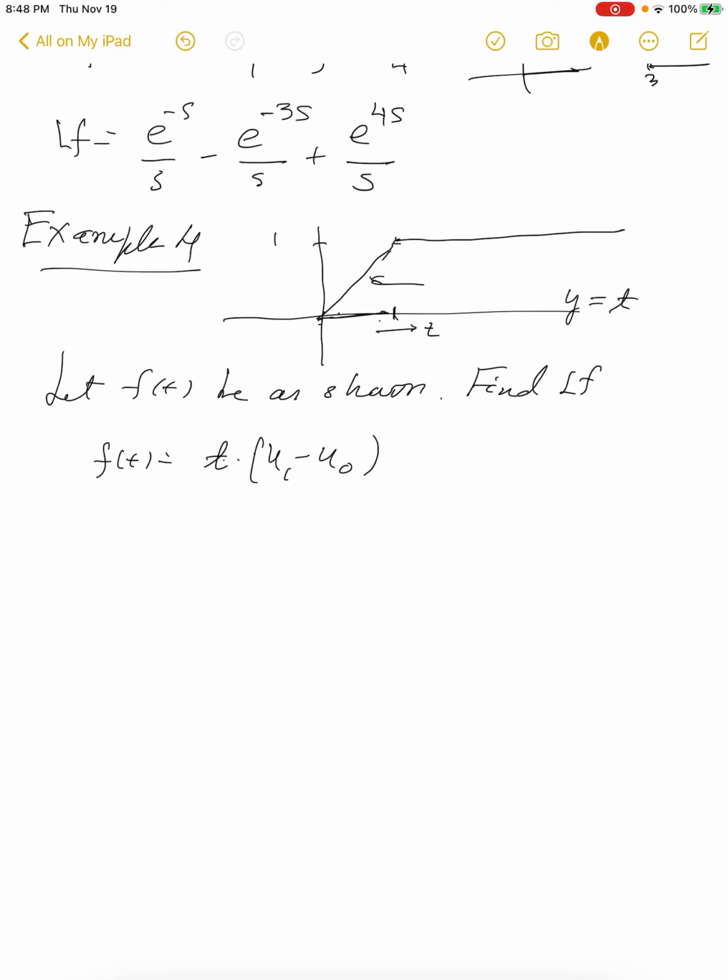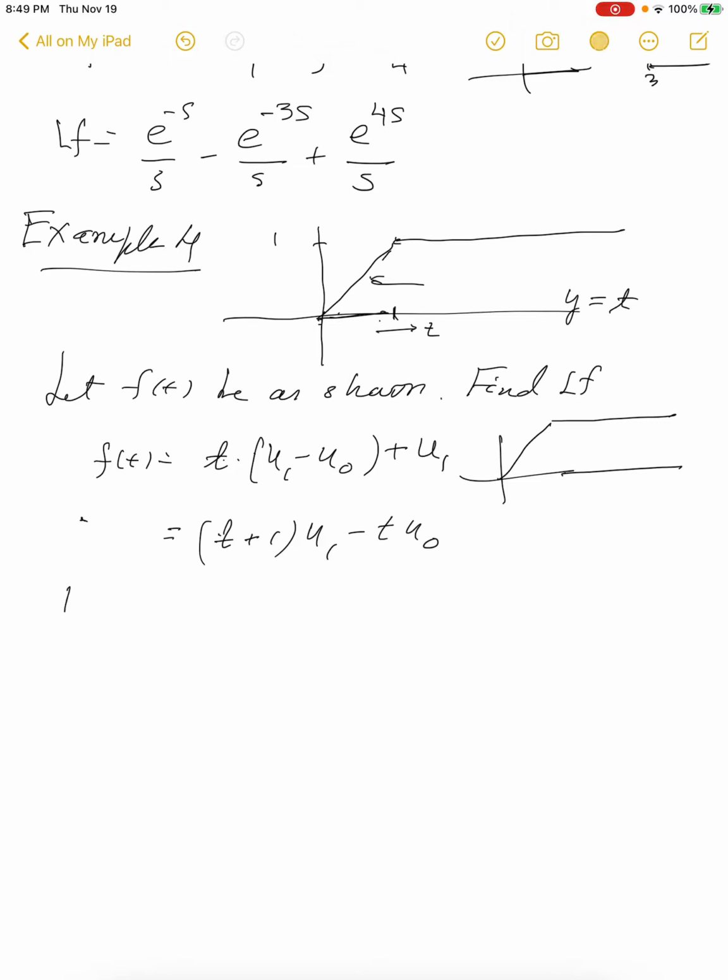And then if you look at just this function, it will be t between 0 and 1, and then everything is 0. You want to add 1 to that, so you will add u1 to this. Good. So that's going to be your function, which you can simplify and write as t plus 1 u1 minus t u0.